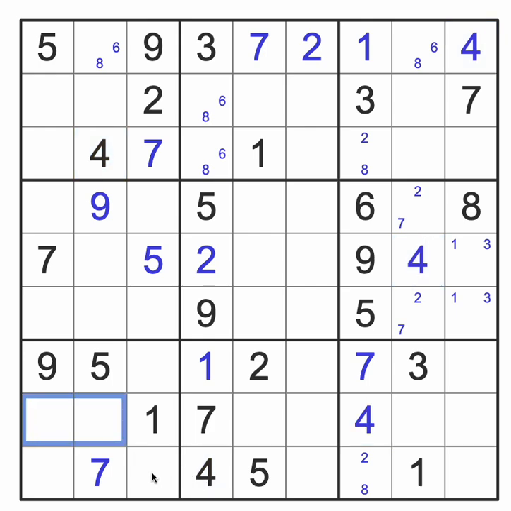This 4 blocks these, gives me 4 here. Right, and these are 6, 8 double, and the 8 here gives me 6, and this is 8.